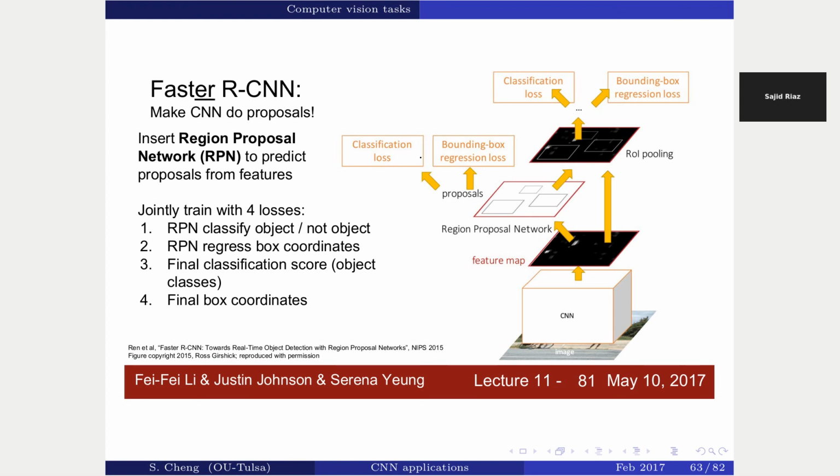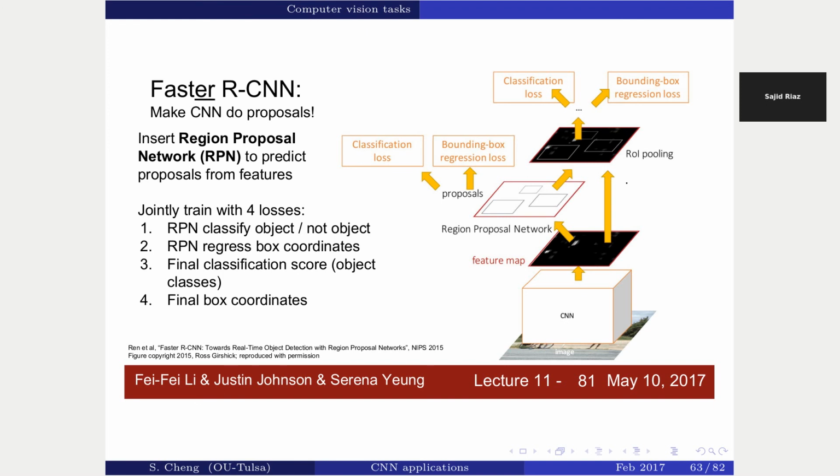The classification loss is about whether the region proposal is really a valid proposal or not really an object. And the regression loss is simply whether it bounds the object, the location, precisely.